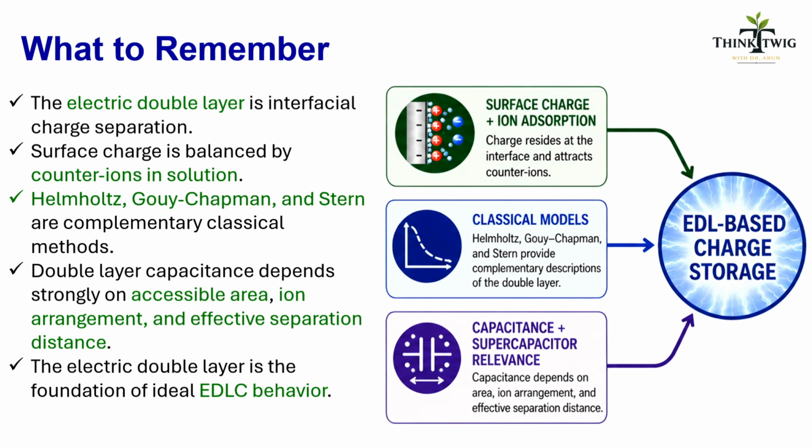At every accessible surface, electronic charge and ionic charge come extremely close. They do not cross into each other. They remain separated. And that controlled separation of charge is the electric double layer, the basic foundation of ideal EDLC charge storage.